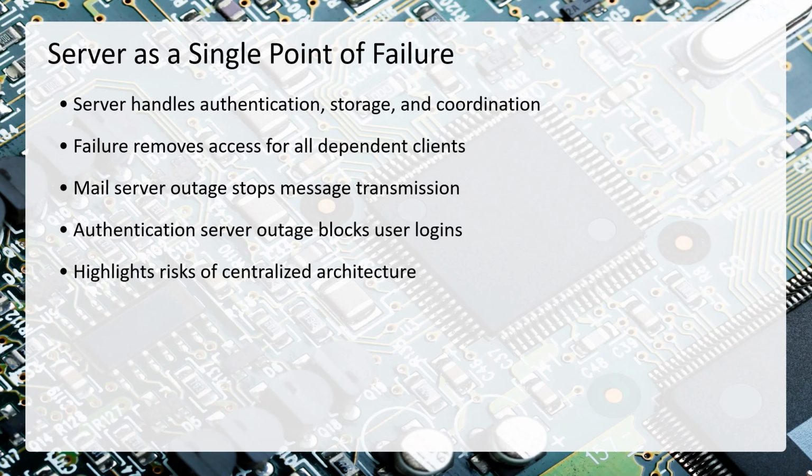And then another example, in addition to mail systems, is authentication systems. So if the authentication server goes down, same thing. You're in the office at 9 a.m. on Monday, and you can't log in because the authentication server is down. Your work time is now paid, but you're not doing anything.